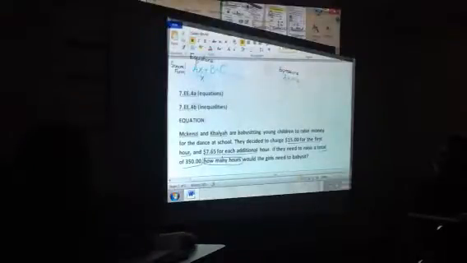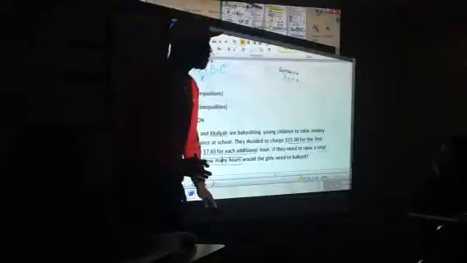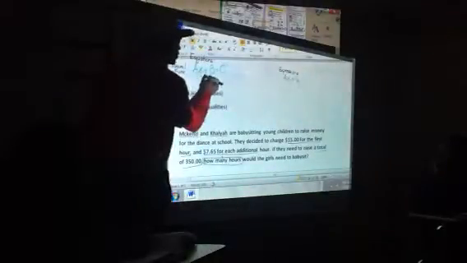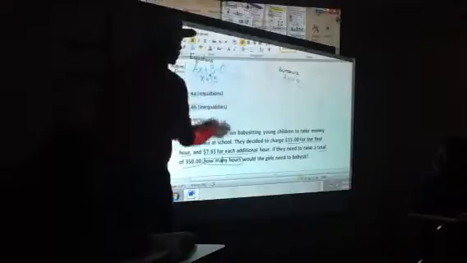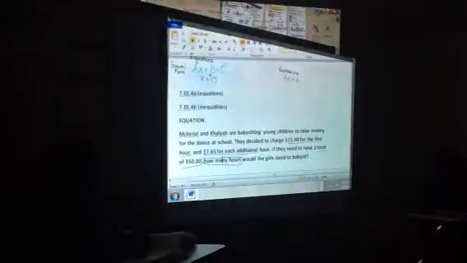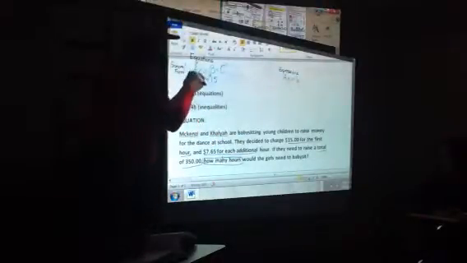It's $15 for the first hour. That means that rate is going to be constantly the same. Everybody's going to get charged $15 for the first hour. Everybody. But for each additional hour, how much do we charge? $7.65.